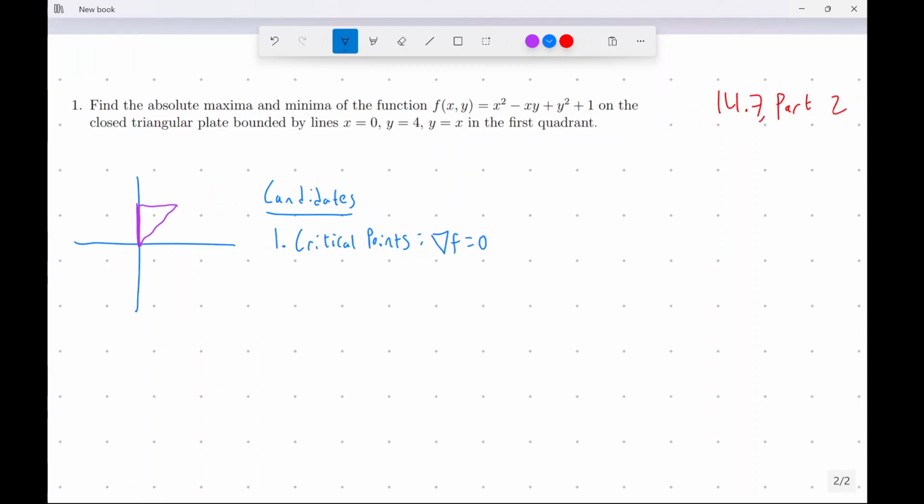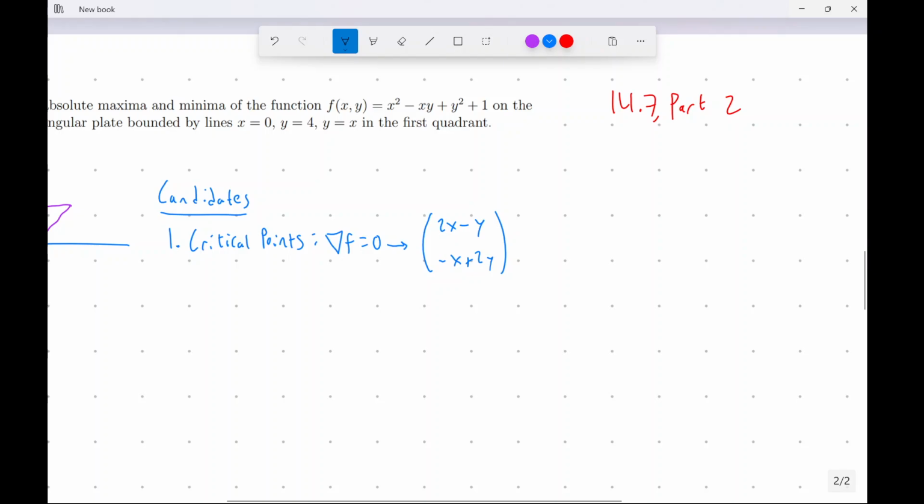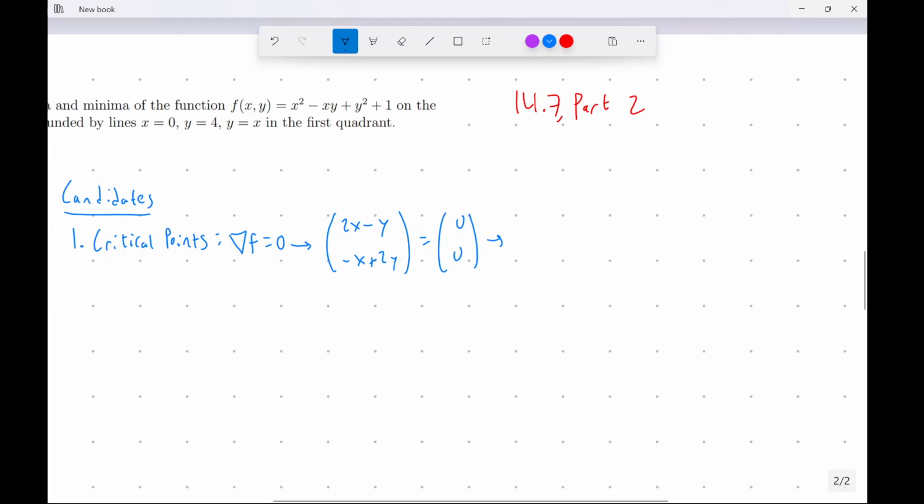The gradient of f has a first component of 2x minus y, and then the other two terms are constant, so they don't matter. And then negative x plus 2y. And so if this is equal to 0, we end up getting that x comma y has to be 0, 0. So I'm going to go ahead and highlight this. This is our first candidate.